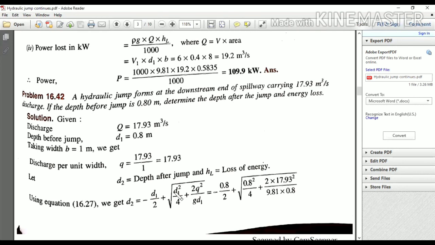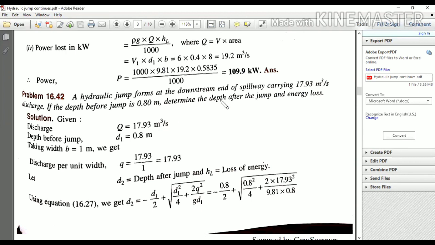Next, last problem. A hydraulic jump forms at the downstream end of a spillway carrying the discharge, that is 17.93. The depth before the jump, that is D1, is given. Determine the depth after the jump and the loss of energy. The same question itself, but here we need to notice one point: they are asking to determine the depth after the jump, and they have not given any width.